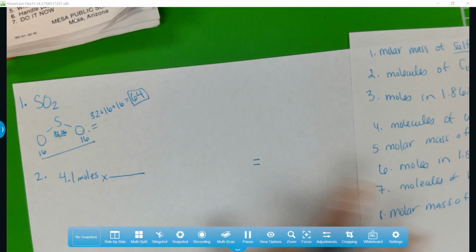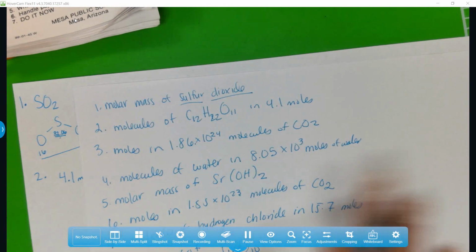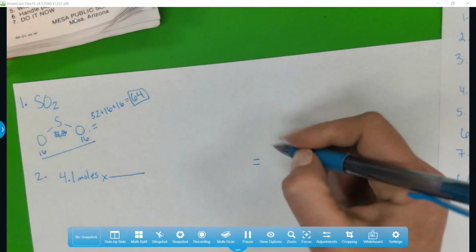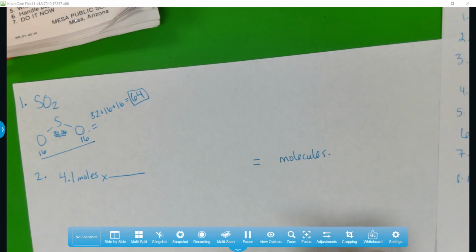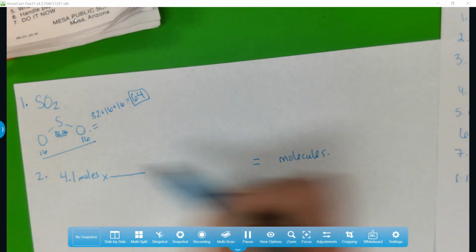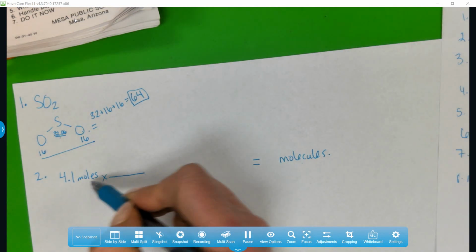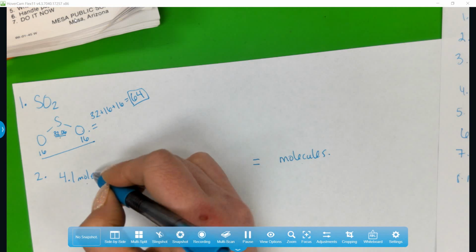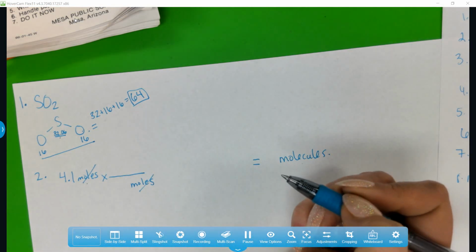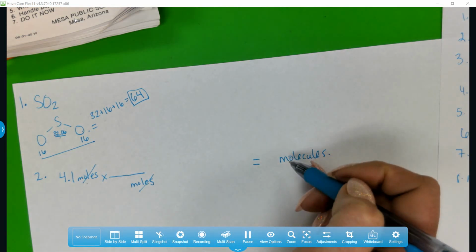So I start with the moles. They're asking me for the molecules. Equals molecules. And now this is my map. And this means that in order to get from moles to molecules, whatever I start with needs to go on the bottom of the fraction so that I can eliminate that unit and get eventually to molecules.